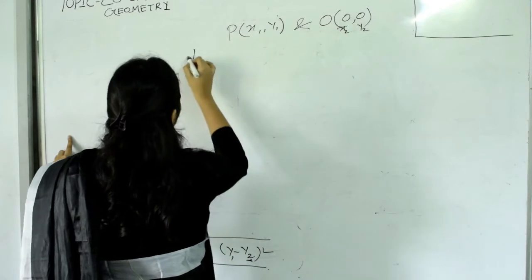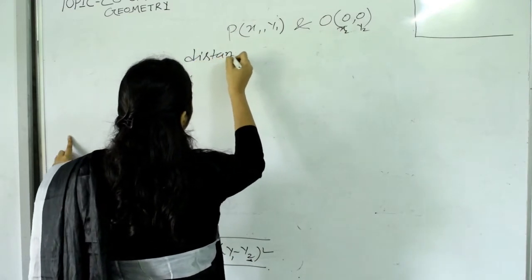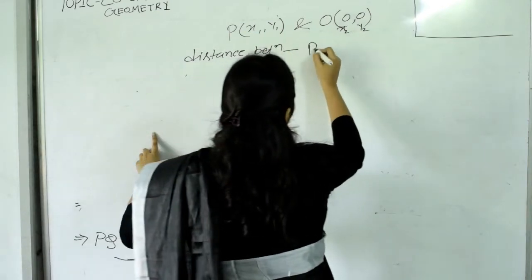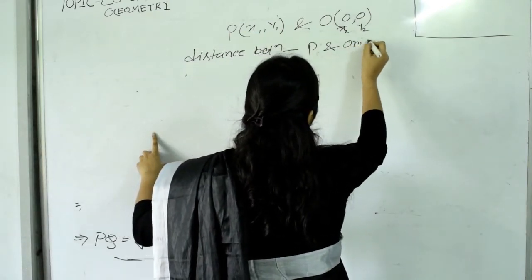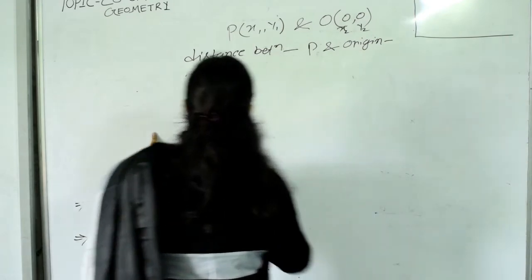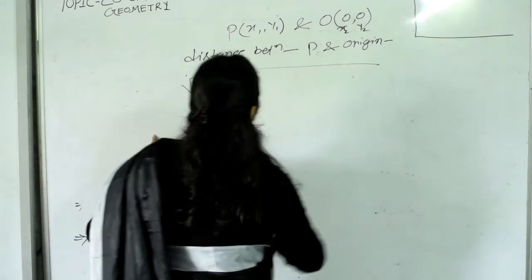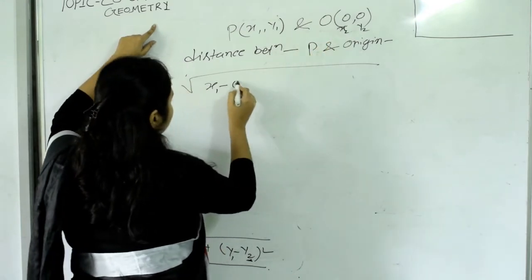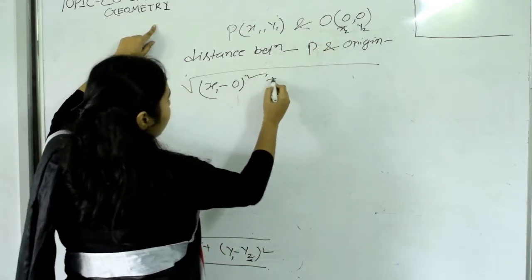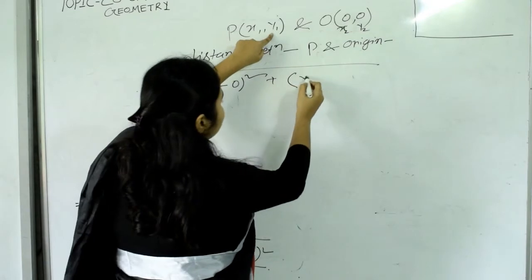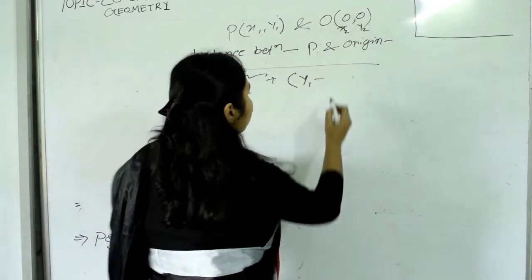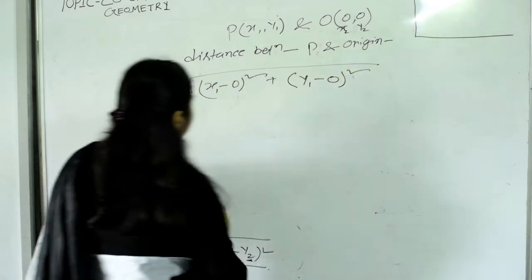So the distance between P and origin is root over x1 minus x2, which is 0. So 0 square plus y1 minus again y2, which means 0 square.